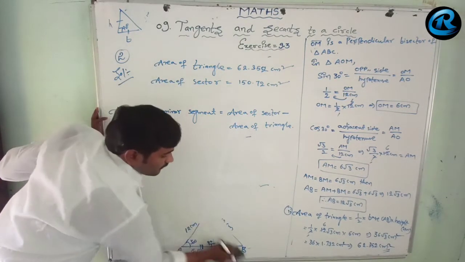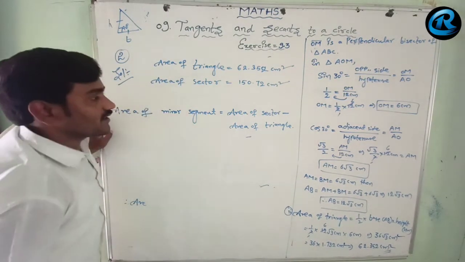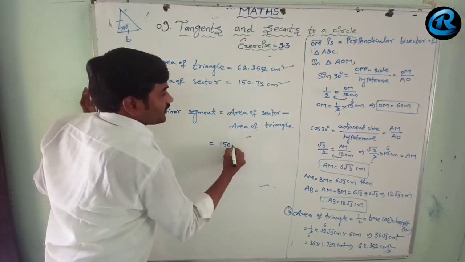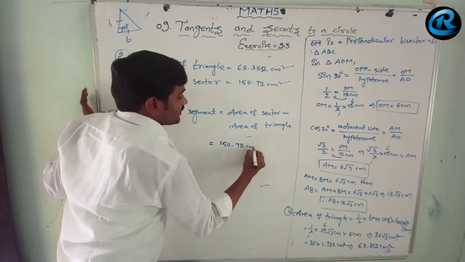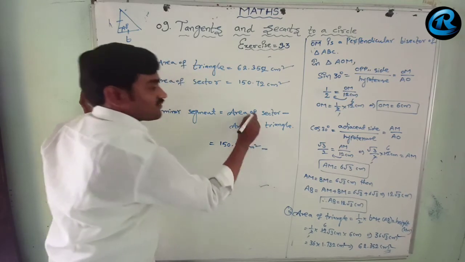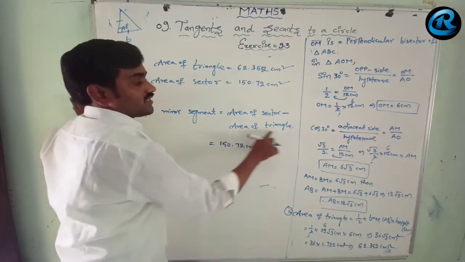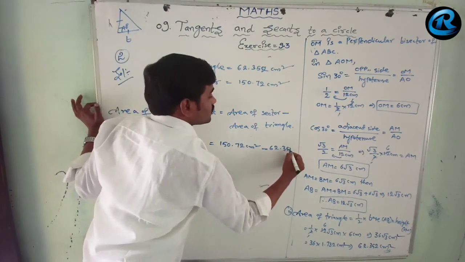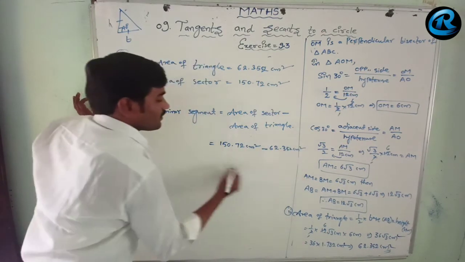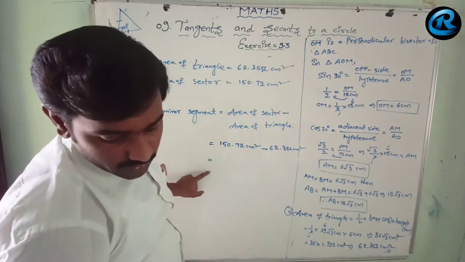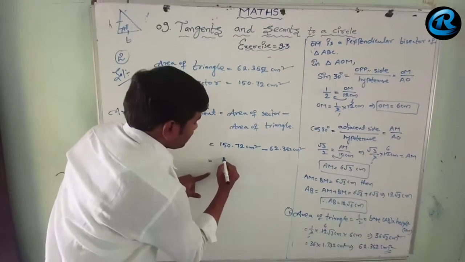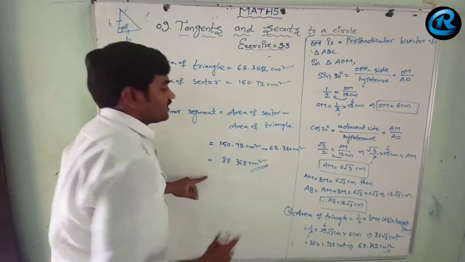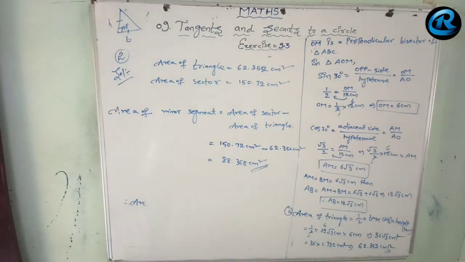You copy this all. Area of minor segment equal to area of sector, that is 150.72 centimeters square, minus area of triangle, 62.352 centimeters square. When you subtract both, you get 88.368 centimeters square, and this is the area of minor segment.